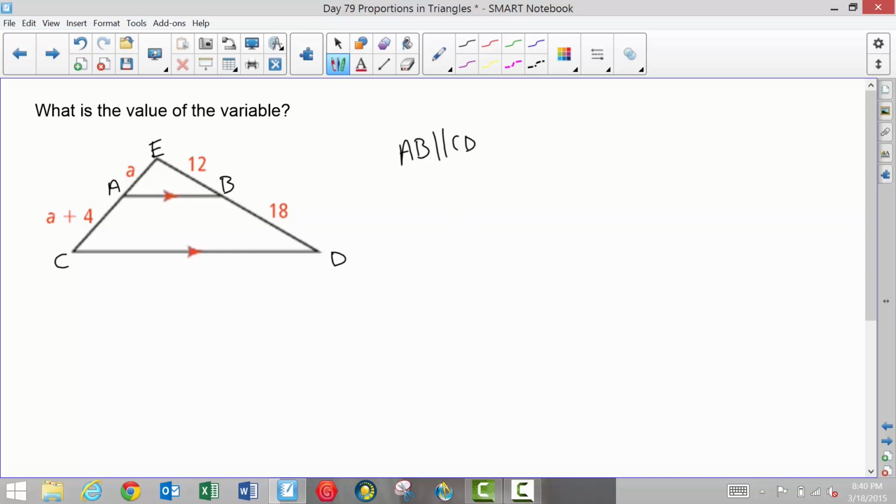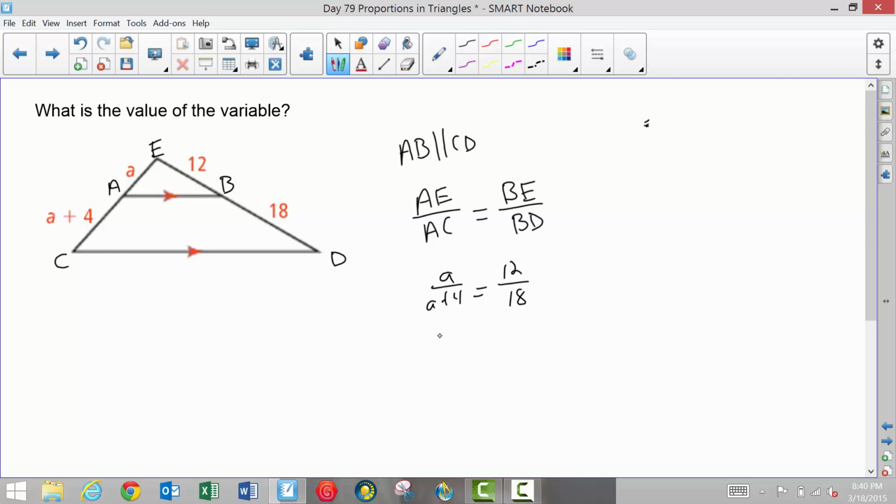So I now know that AE over AC is going to be the same as BE over BD. So AE is A, AC is A plus 4, BE is 12, BD is 18.